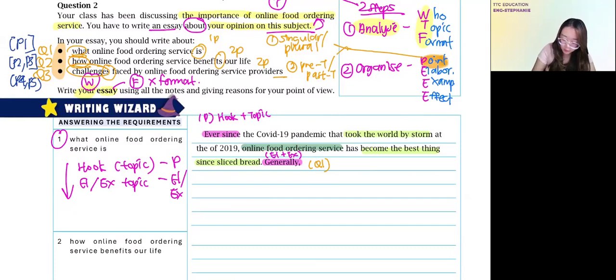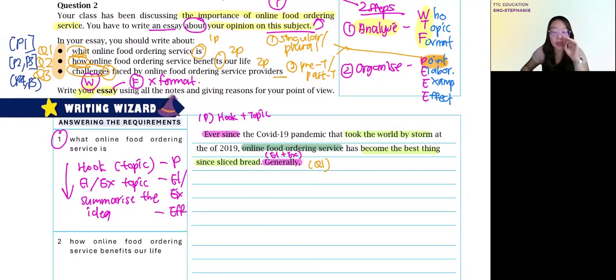Then we will try to summarize the idea, which is your effect.